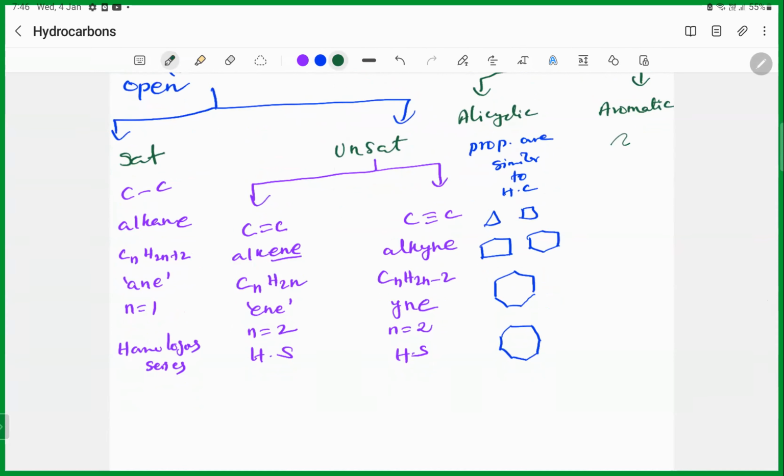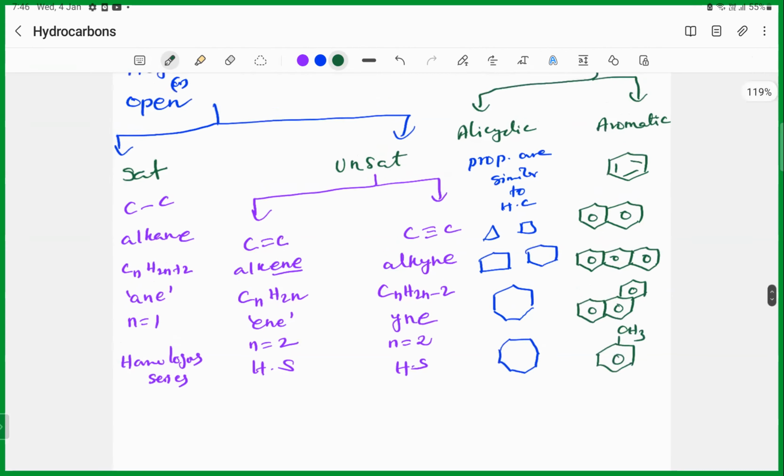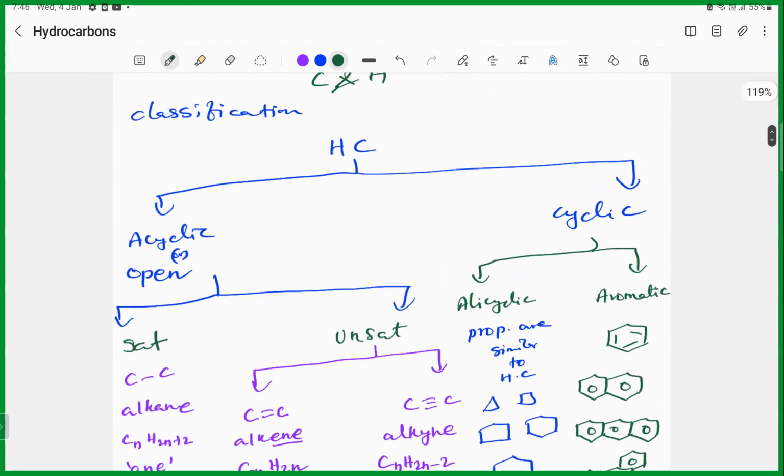The examples are benzene, naphthalene, anthracene, phenanthrene, then toluene, xylene, and so on. They contain only carbon and hydrogen. This is the way by which you can classify the hydrocarbons.